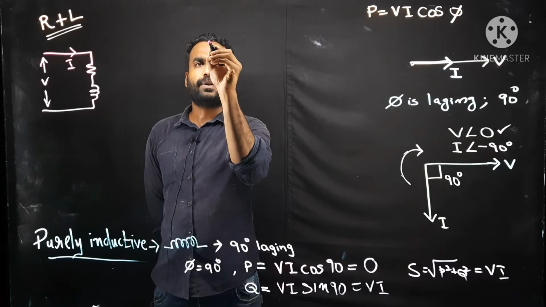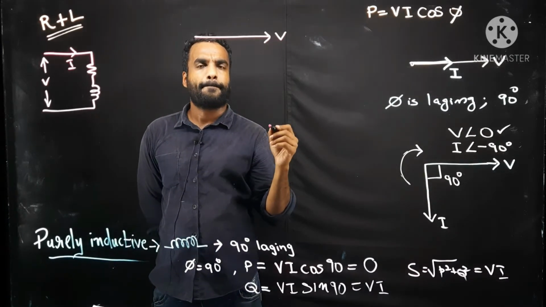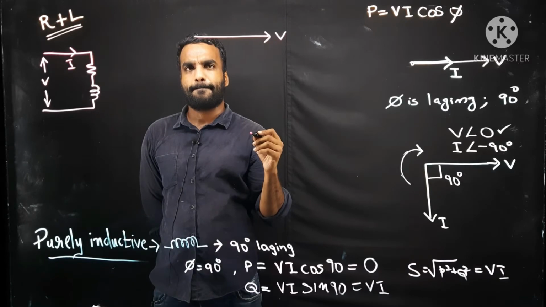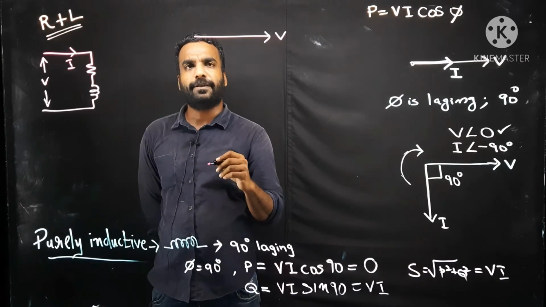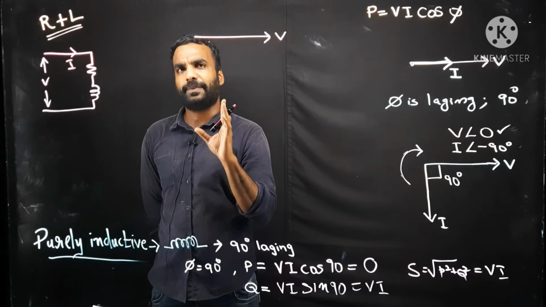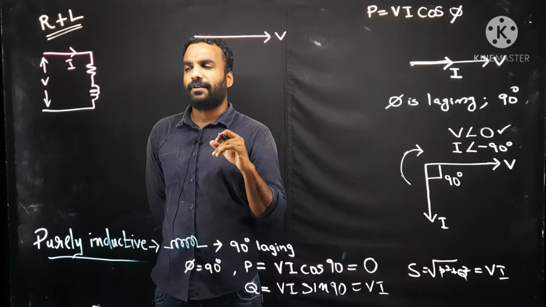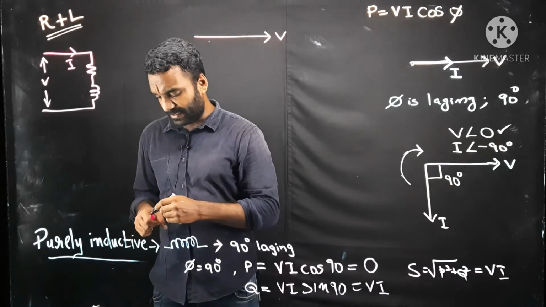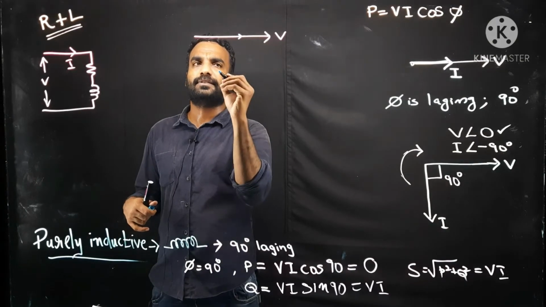If I am taking voltage as the reference, then the current will anyhow be lagging, because if it is purely resistive, the current will be in phase.